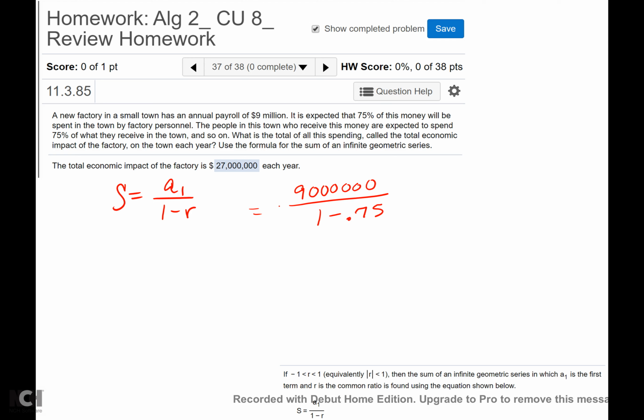All this spending. Why did I get, let me do some more. Divided by, no, that's not it either.